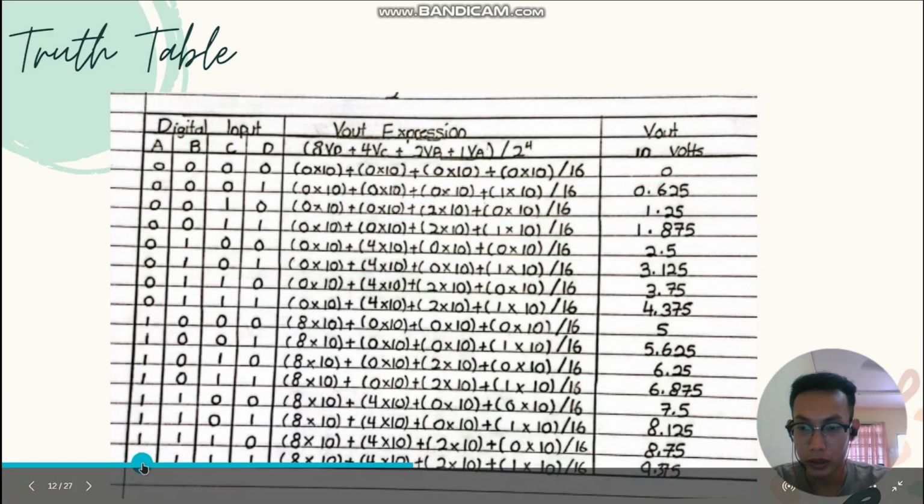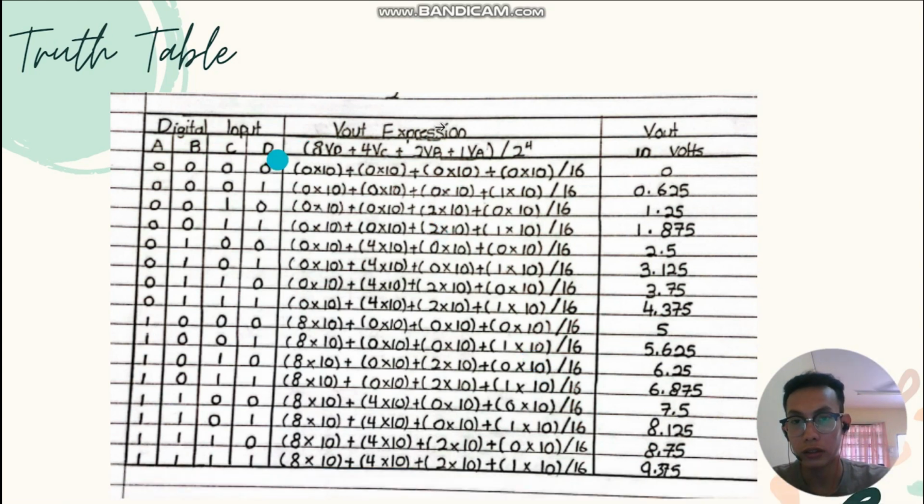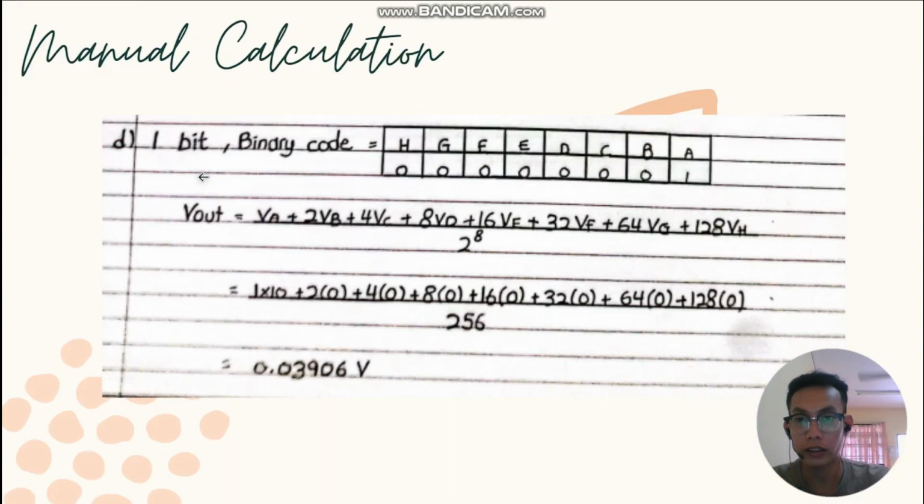And 1111: 8 times 10 plus 4 times 10 plus 2 times 10 plus 1 times 10 over 16, and we get 9.375 volt. So that's all from my truth table. After that, we go to the next slide.